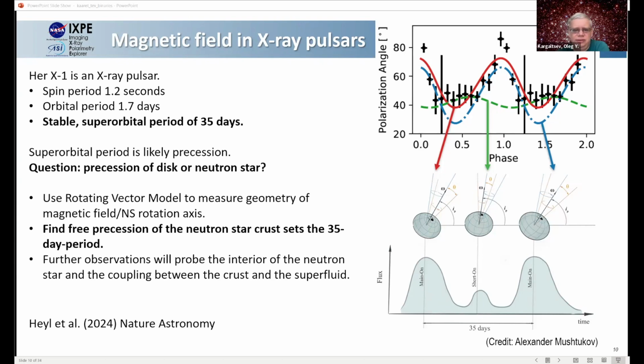Since I'm not working on accreting sources, the question is, how sure are we that it is really free precession, because there is an accretion torque? Is it just not important, or would it be precessing basically the same way if there were no accretion? Yeah, I'm not an expert in this, and I literally had the same question.